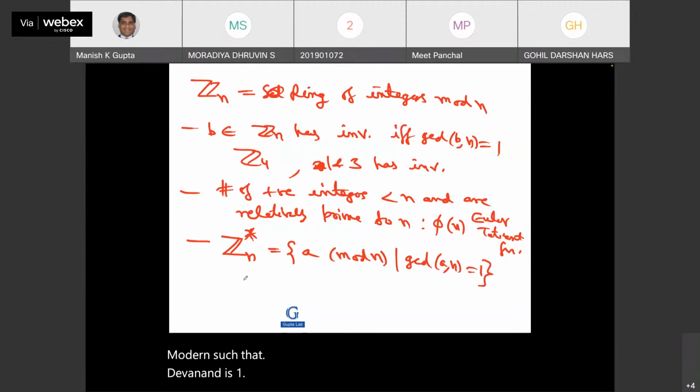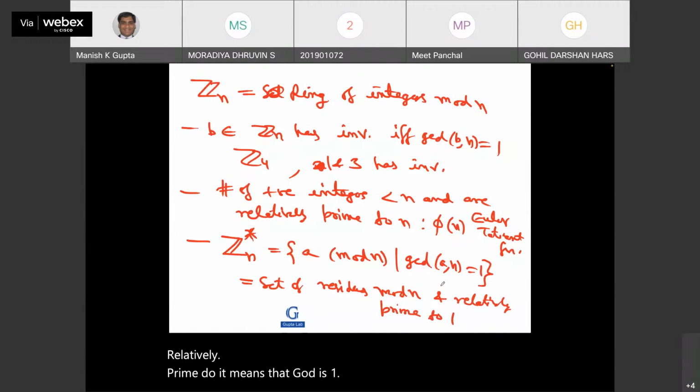So basically I am looking at the set of residues mod n, right? And relatively prime to n means the GCD of a and n is 1. So Zn star is this set.